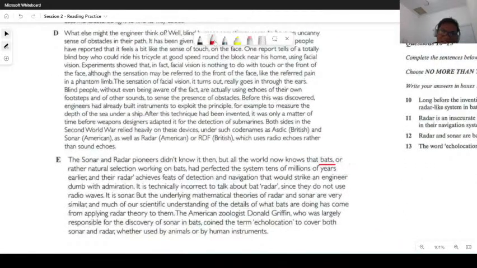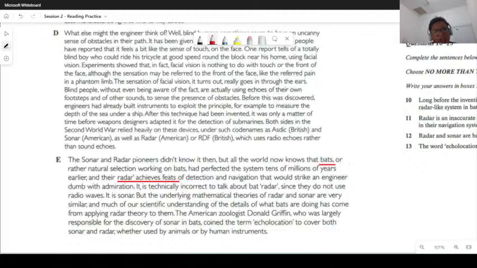So, right. The sonar and radar pioneers didn't know, but all the world now knows that bats, or rather natural selection working on bats, had perfected the system tens of millions of years earlier. And the radar achieves feats, okay, close to discovery. Feats, achievements, that can be considered a discovery, of detection and navigation that would rather strike an engineer dumb with admiration.